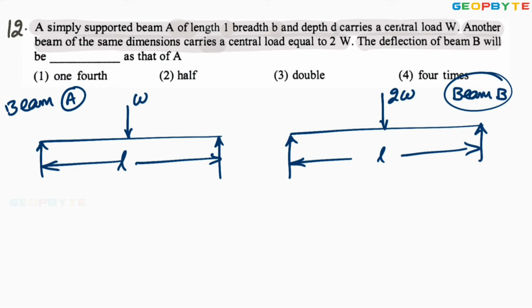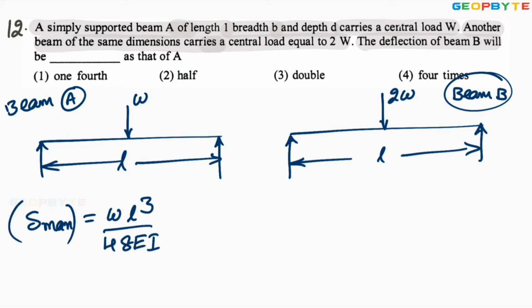When the simply supported beam is subjected to point load at the middle of the beam, the maximum deflection is equal to W L cube by 48 EI.